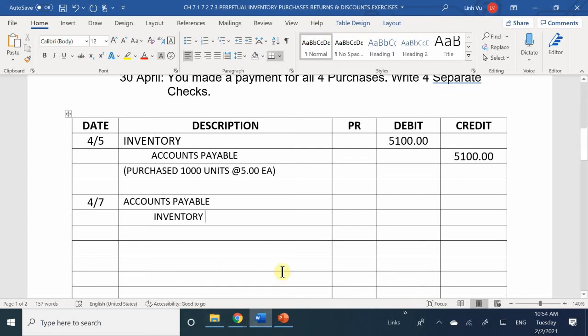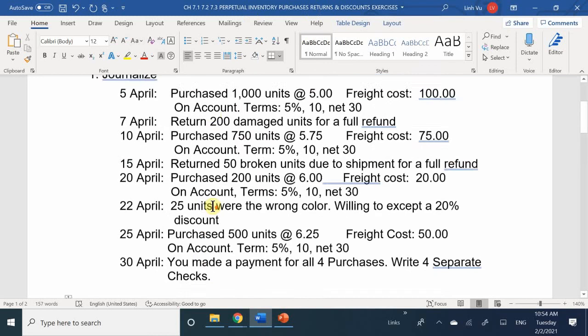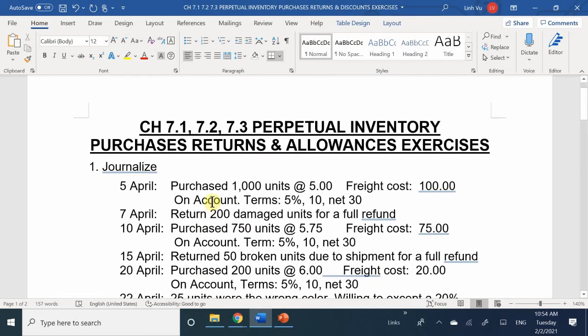So, because we're going to return our items, if it costs me $5 each, what is going to be my total amount that I'm going to receive back, and how much am I going to be returning? 1,000.